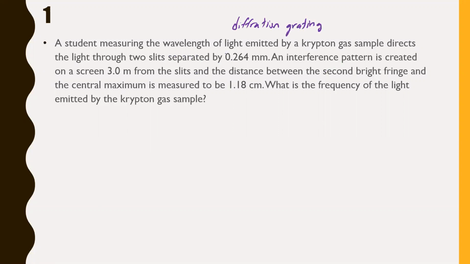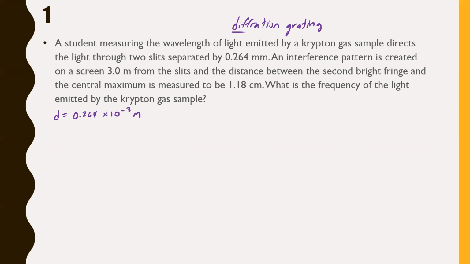How I always remember this is that diffraction grating starts with the letter D. So the distance between the slits in the diffraction grating is going to be D. D is equal to 0.264 millimeters, but that's milli, so I'm going to turn it to meters. That's 0.264 times 10 to the negative 3 meters.